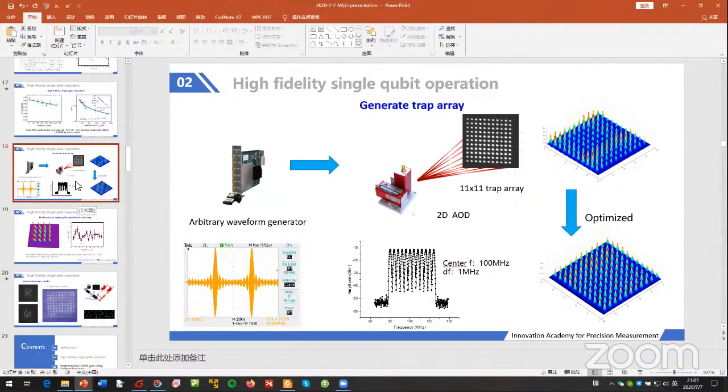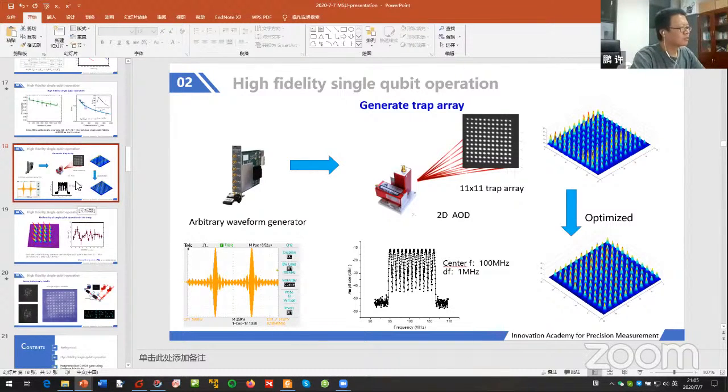So for our neutral atom systems, the Rydberg interaction can cover an interaction range as large as some 10 or 20 micrometers, which means if the atom is in the center, it will cover some 4 multiplied by 4 atoms nearby.